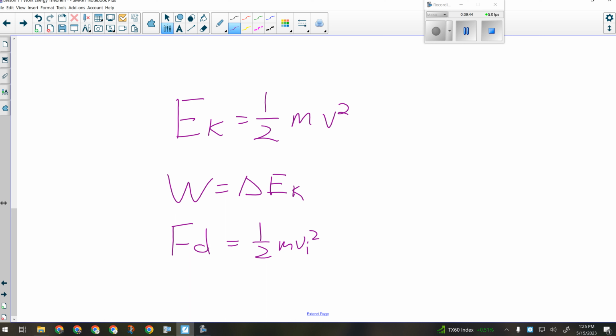Obviously, you can stop a Honda Civic a lot faster than you can stop a semi-trailer, because it's going to have way less mass. Semi-trucks have really big brakes, way more friction, but there's just more of them to stop. So that mass factor comes in there. The more mass, the harder it is to stop because it has more energy. The faster it's going, the harder it is to stop because it has more energy. Is that sort of making sense?